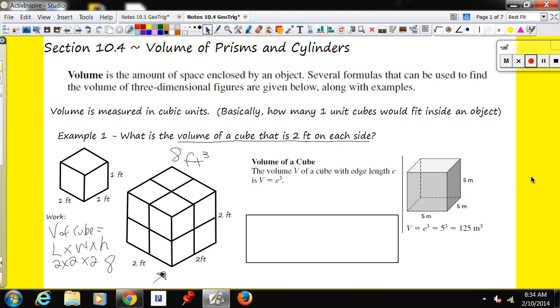The volume of a cube with the edge of E is where V equals E cubed. So if your edge or the length of the side is E, then it's going to be E cubed. Like ours was 2, so it was 2 cubed.